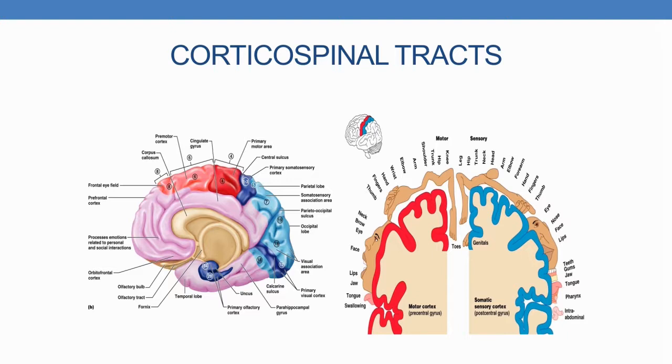So these upper motor neurons begin in the primary motor cortex, and then from there they descend, and ultimately they synapse in the spinal cord with lower motor neurons that then go out to innervate all the muscles of the body.